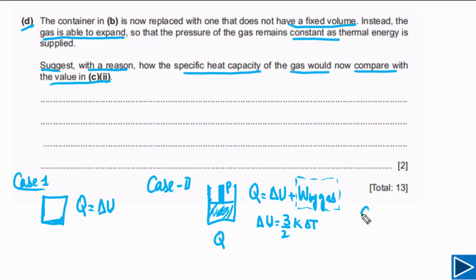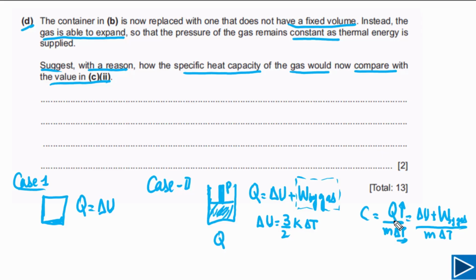Now if we write down the formula for specific heat capacity, that is equal to Q over mΔT. So for the same rise in temperature, this Q has to be greater, because this Q is equal to ΔU plus the work done by gas. You can divide this by mΔT, where m is the mass of the gas. So this Q has to be greater.